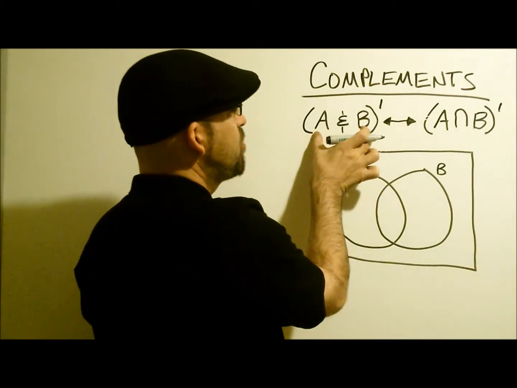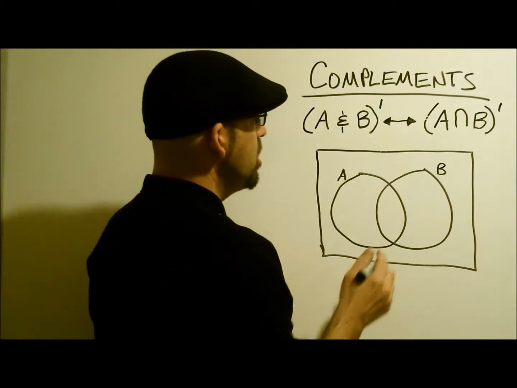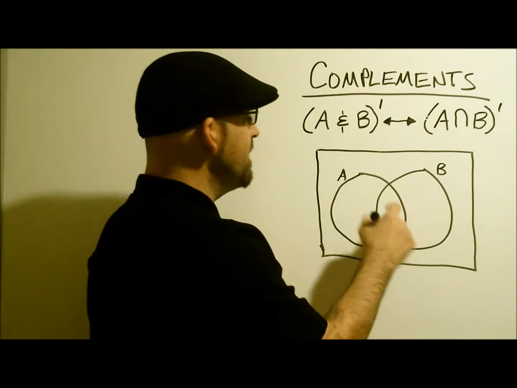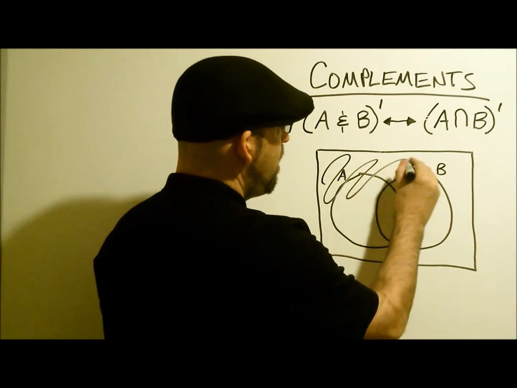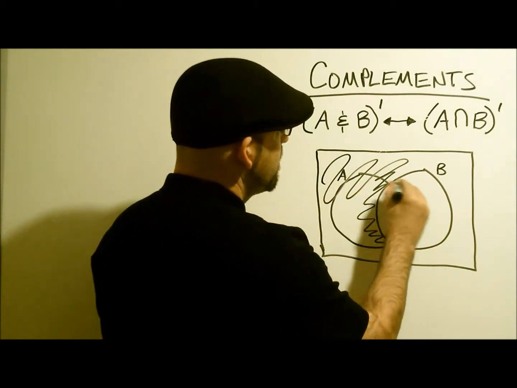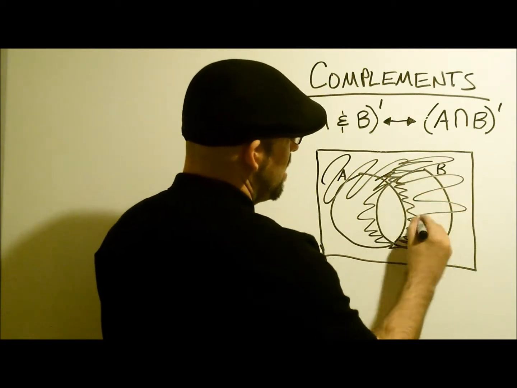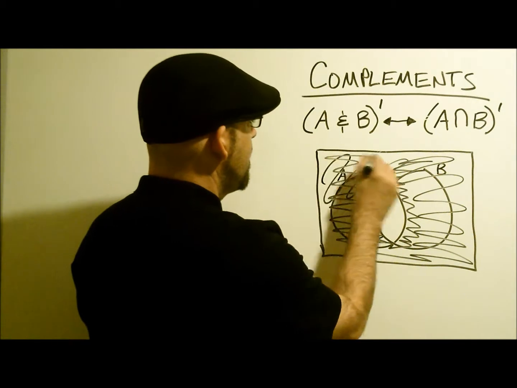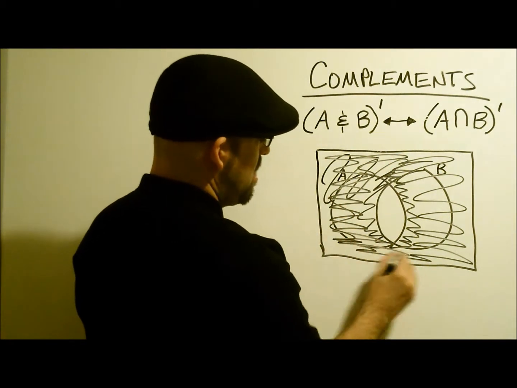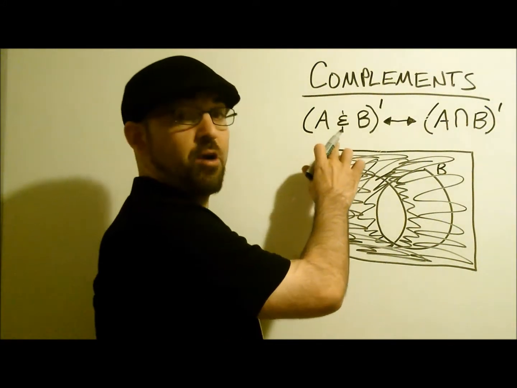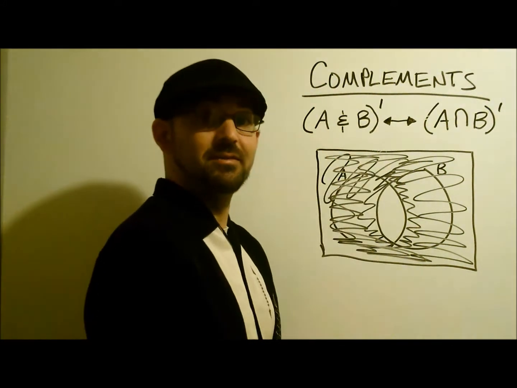That means it's priming both. So I don't want what's in A and B. I want everything else, all the way up except for this little surfboard right there. That would be the complement, or the prime, of A and B.